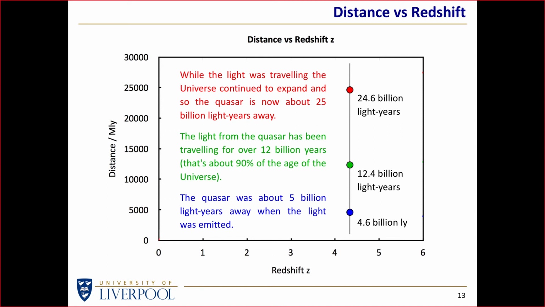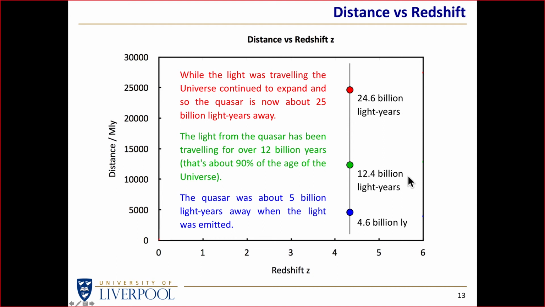And one thing you can note with some fairly elementary maths, compared to the maths of general relativity, is that if the quasar was here at about 5 billion light years, and now the quasar is here at about 25, then it appears to have receded by approximately 20 billion light years during a period of 12 billion years.